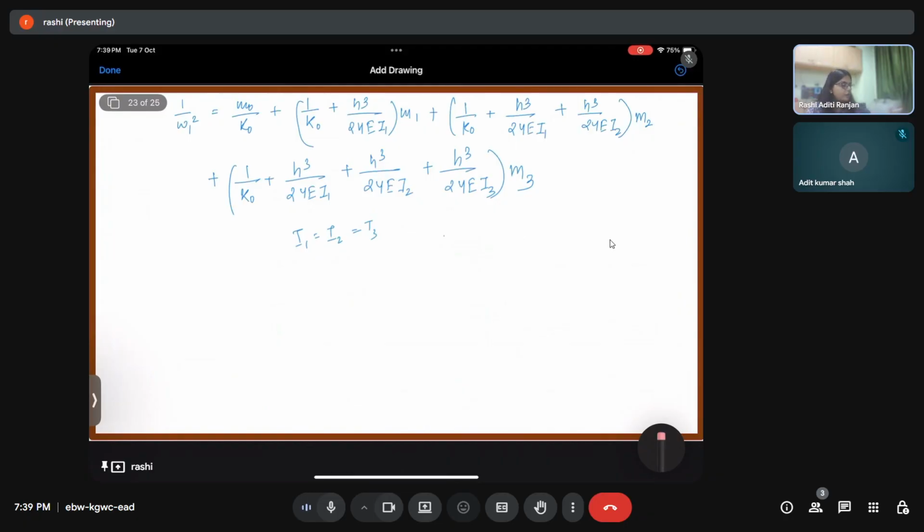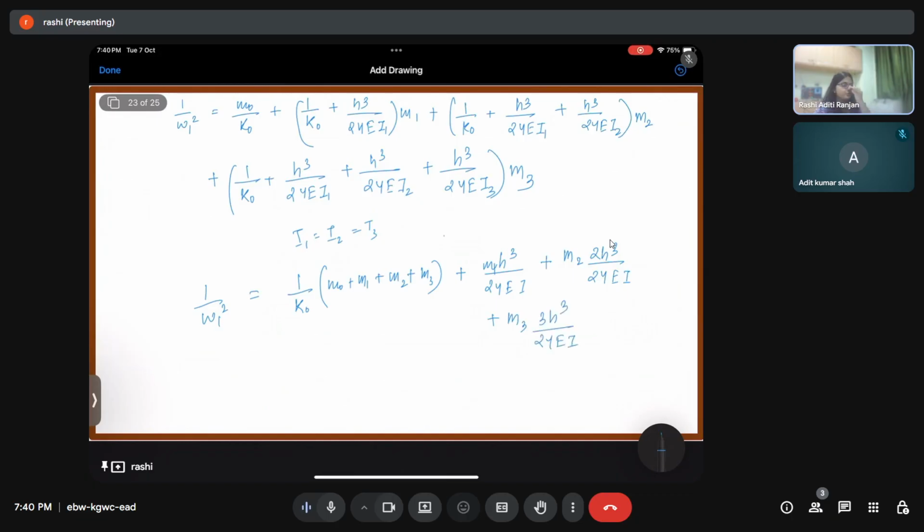We just assume I1, I2 and I3 are equal, and yeah, so we get 1 by omega 1 square as 1 by k naught times m naught plus m1 plus m2 plus m3, plus m1 h cube by 24 EI, plus m2 into twice of h cube by 24 EI, plus m3 3 times of h cube by 24 EI.